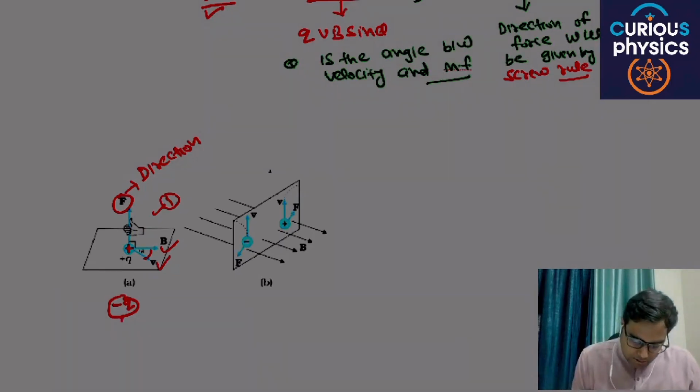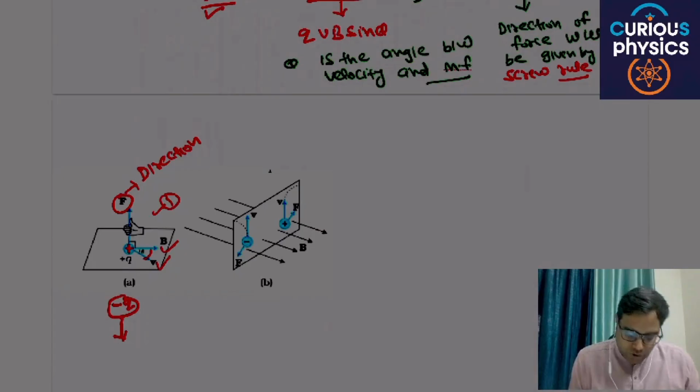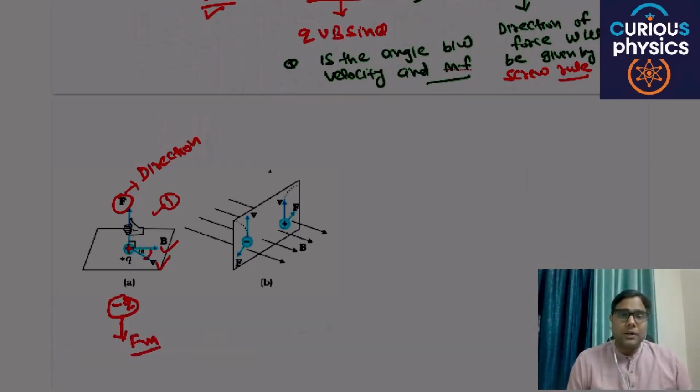In the first case, the force will be upward when there is a positive charge, and if there is a negative charge, the force will be downward. Are you able to understand my point?